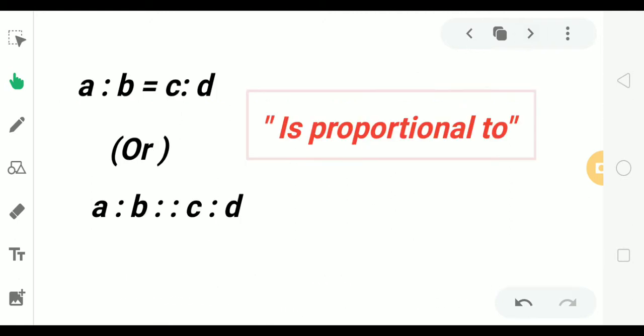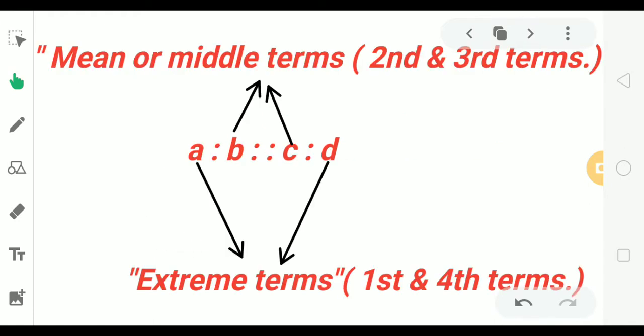So here A is to B is equal to C is to D. Two ratios are equal, and we denote this by the equal symbol or these 4 dots to say proportion. We read this as A is to B is proportional to C is to D.